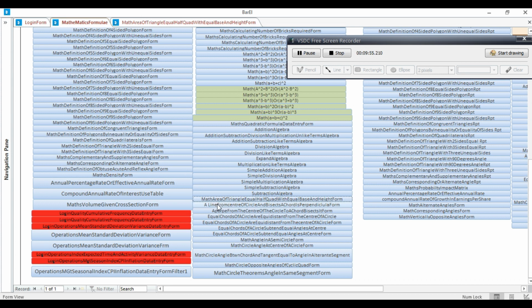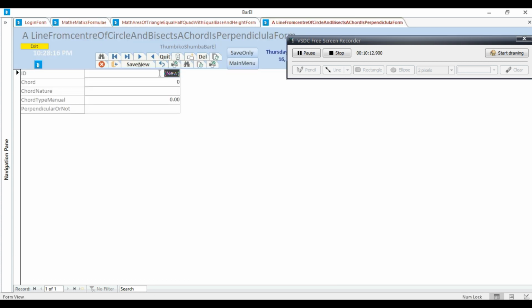A line from the center of a circle that bisects a chord is perpendicular to the chord. Let us say the chord is 40 and it bisects the chord.